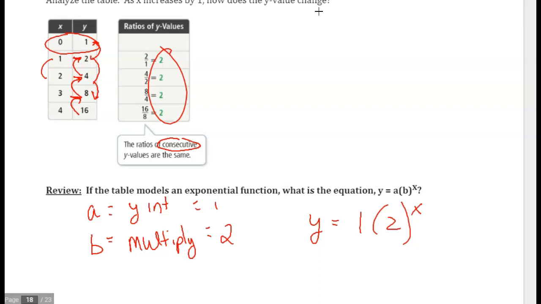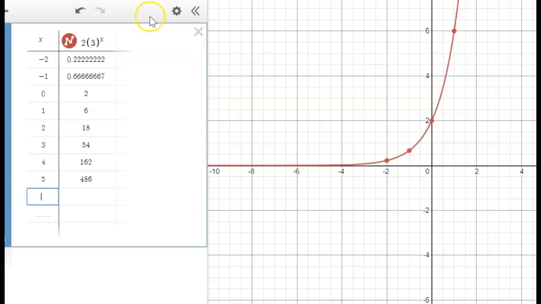I actually went over in the Desmos and I put another one in real quick just to show you the difference here. So I put in 2 times 3 to the x. So again, over here, I'm going to move my mouse over here. This point right there, 0, 2. That's where I get my 2 from.